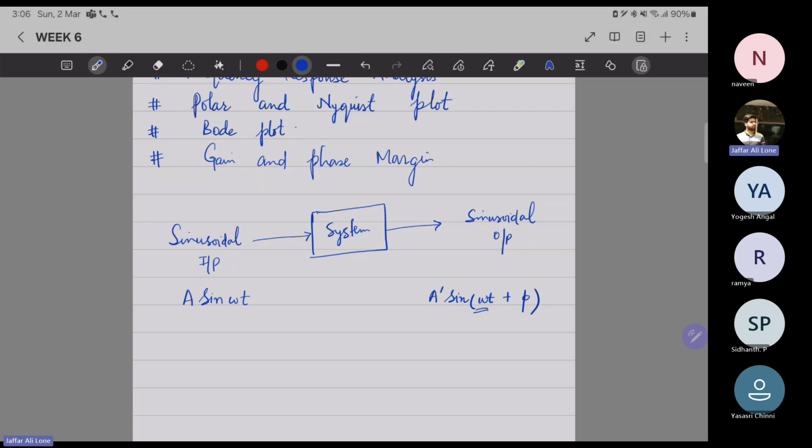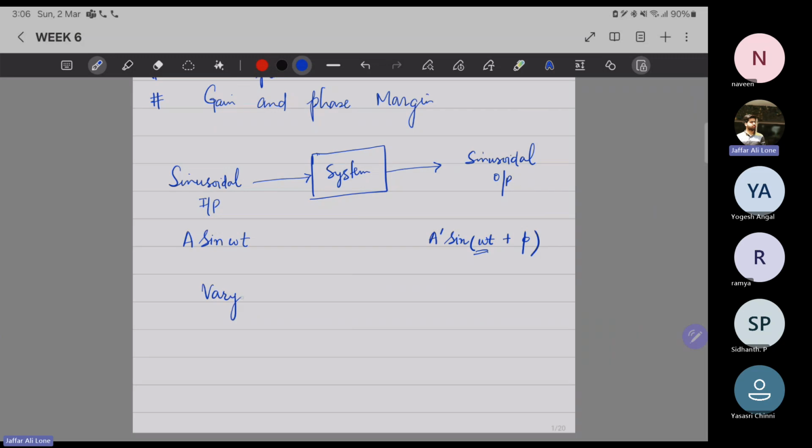So we will vary omega from 0 to infinity and observe this magnitude, that is A, and phase, that's phi. In frequency response analysis, we vary frequency from 0 to infinity, and then observe how the magnitude is changing and what's happening to the phase.